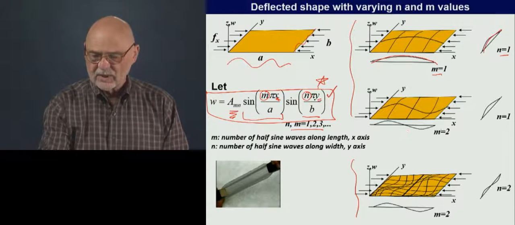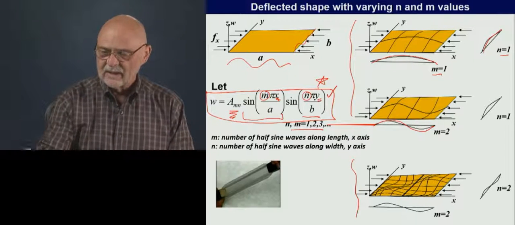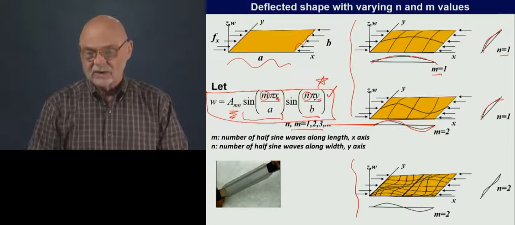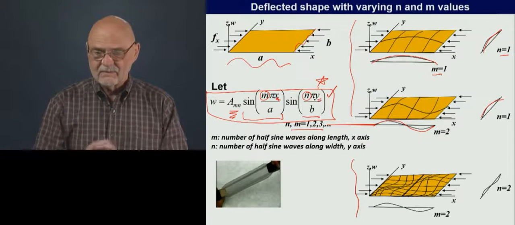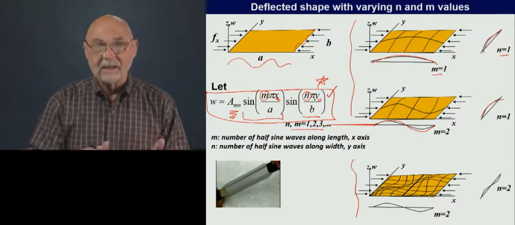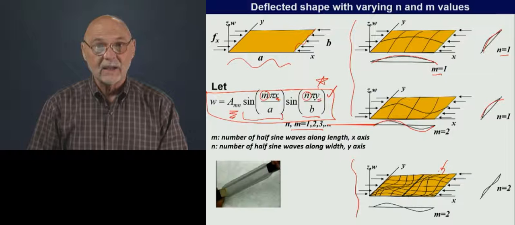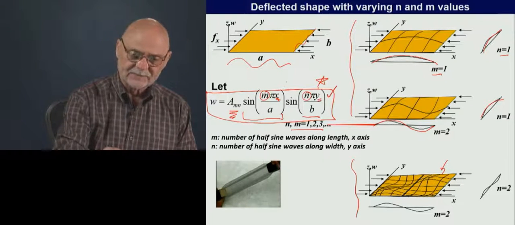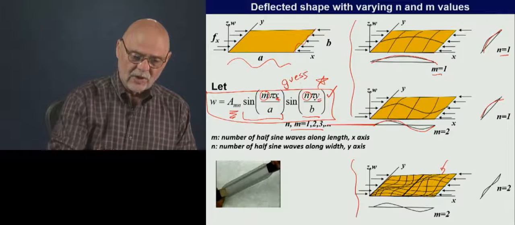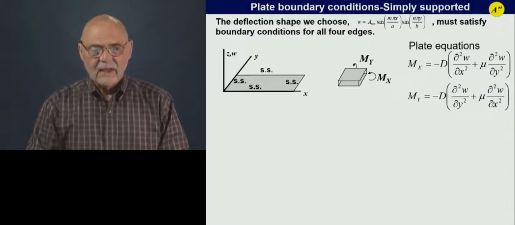In the next picture, we have m equal to 2 half sine waves in the x direction, and n equal to 1, the number of half sine waves in the y direction. You can visualize that m and n can keep going higher and higher, and you get more complex behavior of the plate. So this is our guess, and we saw from the little video it's a pretty reasonable guess.